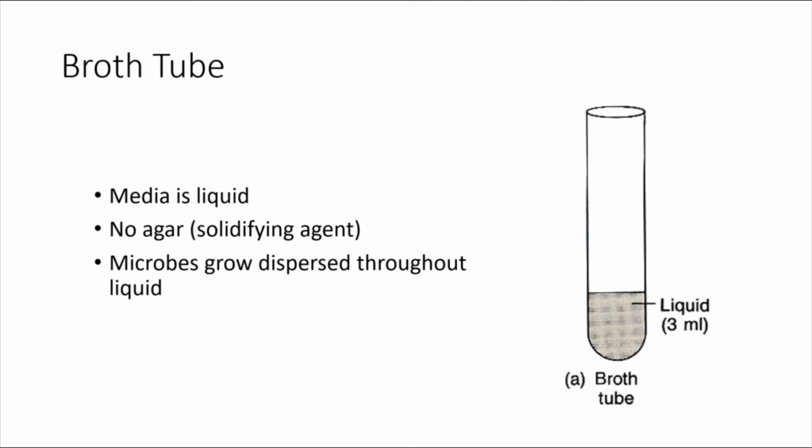There is no agar in the tube, and agar is the solidifying agent that causes the nutrient media in the other types of tubes to be solid rather than liquid. The microbes in a broth tube, therefore, are able to grow dispersed throughout the liquid because the medium is not solid.